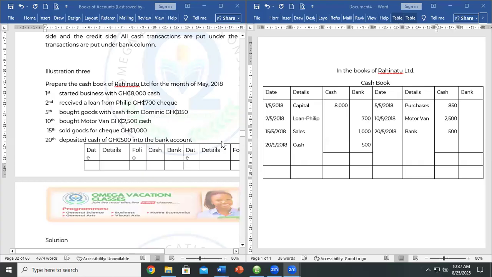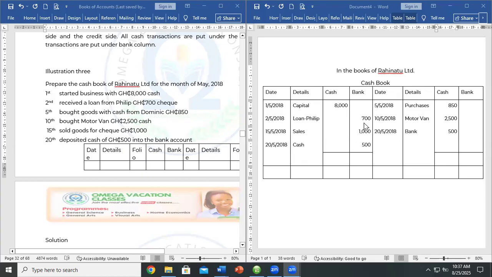A typical example is what we just did here. Both the cash and bank account are in the cash book, which is a ledger, and we are debiting bank and crediting cash. So both the debit and credit are appearing in the same ledger, and for that matter, it is a contra entry.